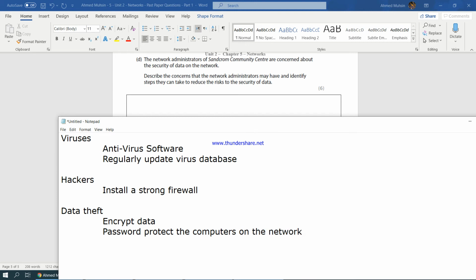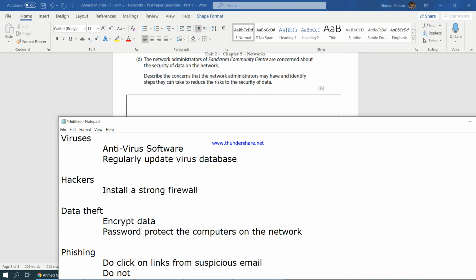Okay, so what else can we talk about when it comes to concerns on a network? One is viruses, hackers, data theft. We can also talk about phishing. When it comes to phishing, what can you do to minimize it? Do not click on links from suspicious emails.